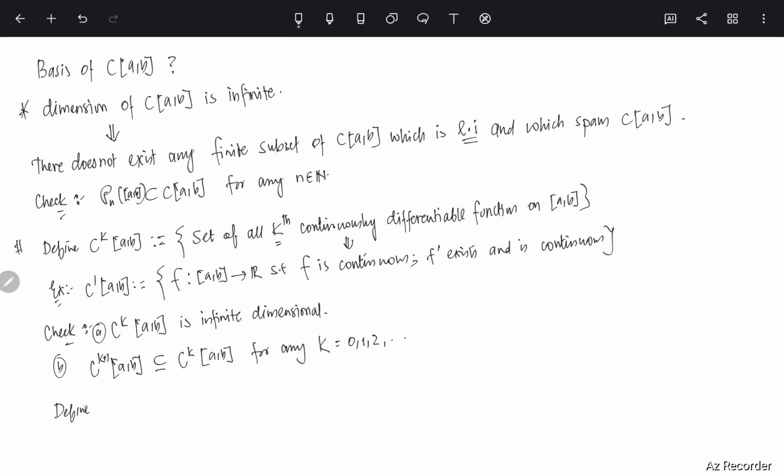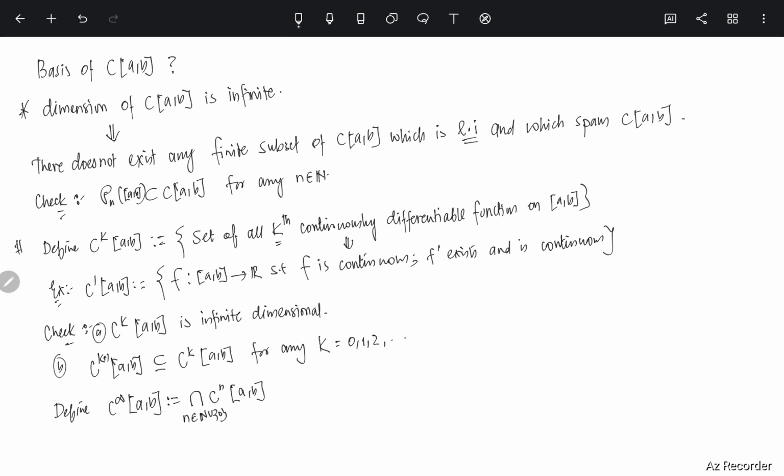And we can also define C infinity of [a,b]. For our course, I will define it to be the intersection over n from 0 to infinity of all C^n[a,b], where n is in the natural numbers union 0.